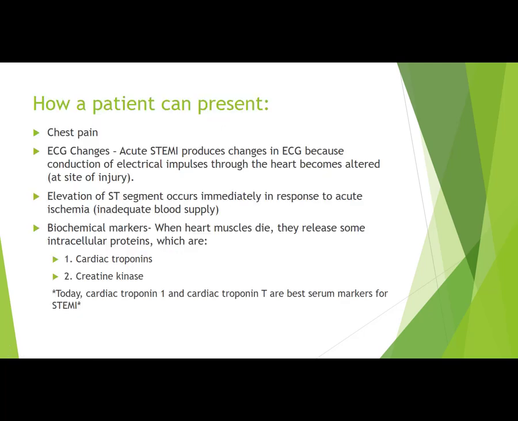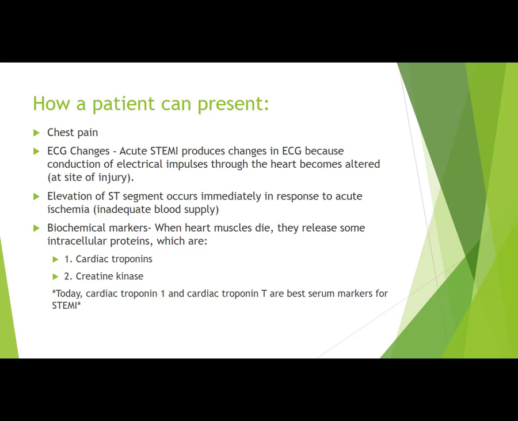Okay? Now, how a patient can present that comes to the hospital. So again, that chest pain, maybe angina type symptoms, severe chest pain, pain radiating to the left arm, the jaw, and of course the EKG changes are an obvious indicator as well. Acute STEMI produces changes in EKG because conduction of electrical impulses through the heart becomes altered at the site of injury.